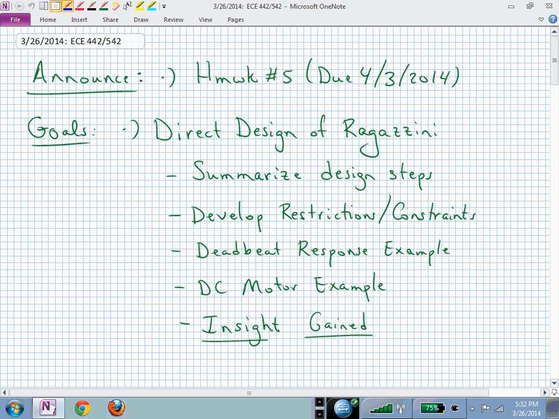PID controllers, if you're in the process industry, that might be 97% of the controllers that are out there, and there are millions of controllers out there in the process industry, and most of them, 97%, are PID controllers. Meaning I don't want you to leave this class not knowing what a PID controller is and how you might work with one.